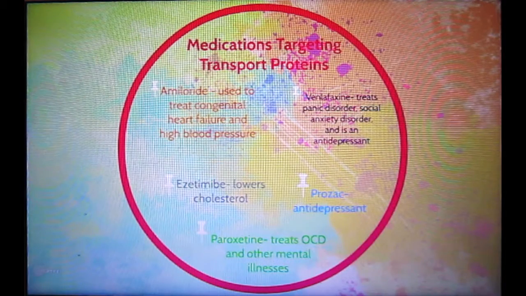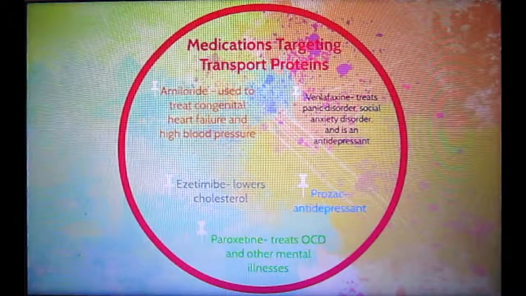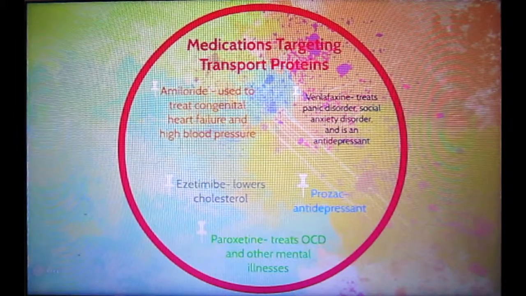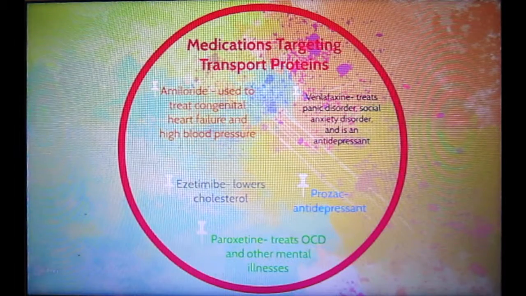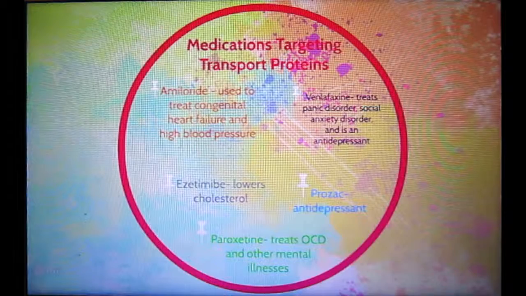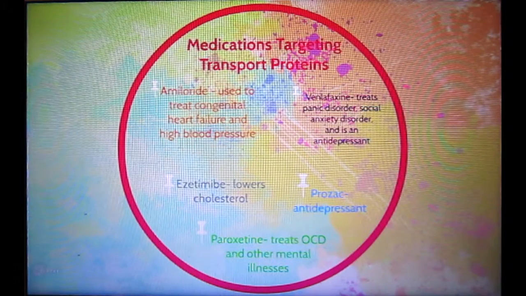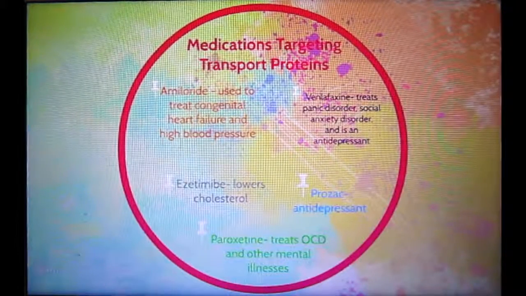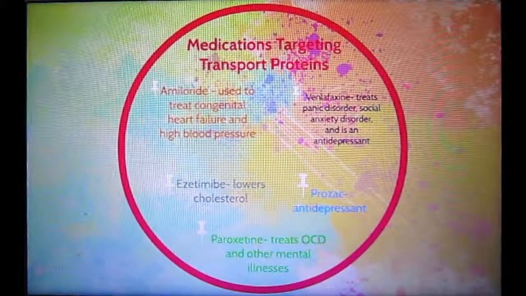And then you have other drugs that treat OCD and other mental illnesses, some that lower cholesterol, others that treat mental illnesses such as panic disorder, social anxiety disorder, and other antidepressants. These are obviously very, very important drugs for many people who suffer from these diseases. Once again, knowing more about the transport proteins that the drugs target will lead to better creation and better prescription of drugs.